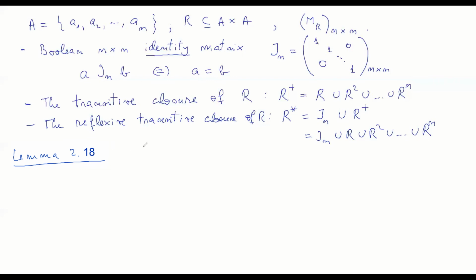What this lemma says is I have a set A, just like before, consisting of n elements, and I have a relation R over A. And in this case, I have the following properties. Property 1, the matrix corresponding to the identity relation is exactly the identity matrix.